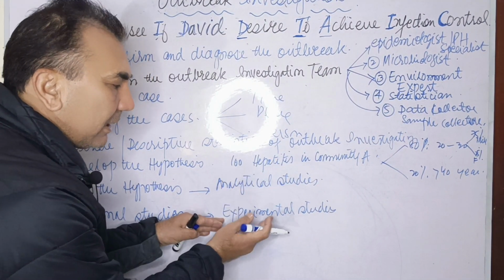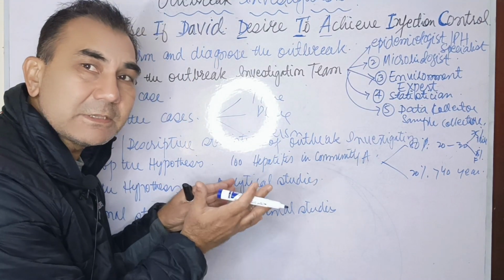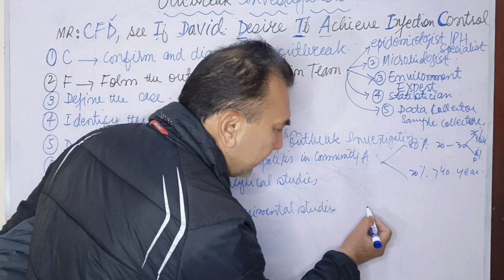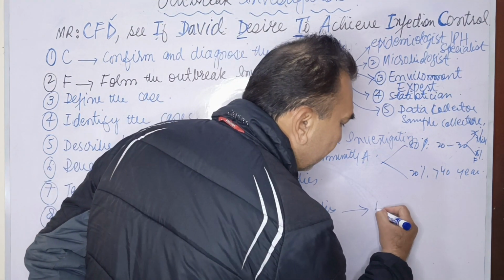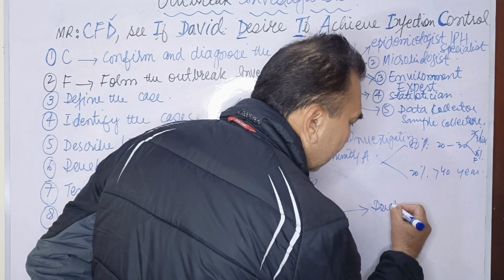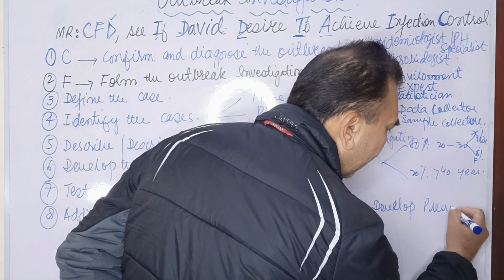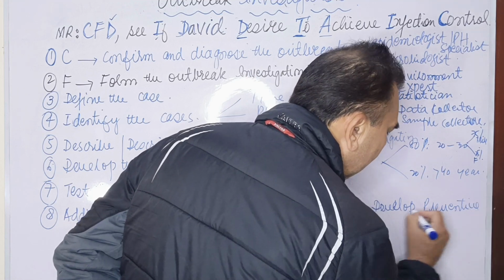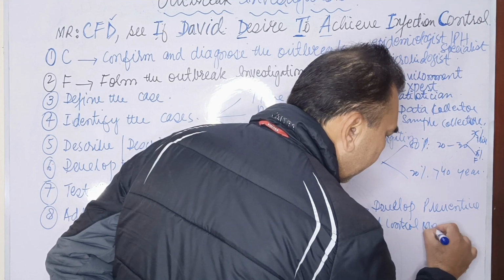When you prove your hypothesis through the analytical studies, then you will go to conduct the experimental study design. When you conduct the experimental study design, you develop preventive or controlling measures.